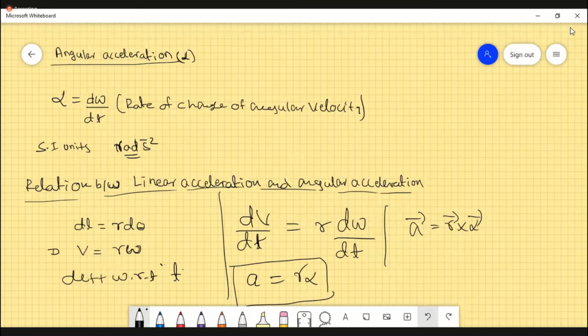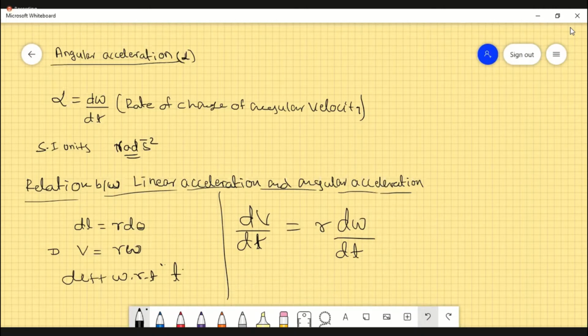Someone asked for previous page. Yes, sir. One minute, huh?